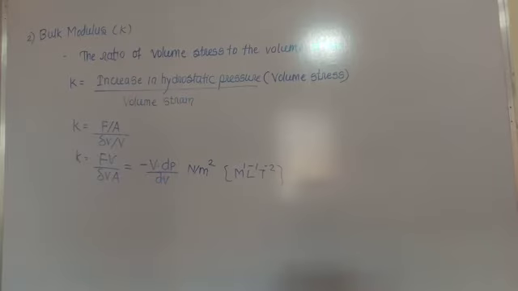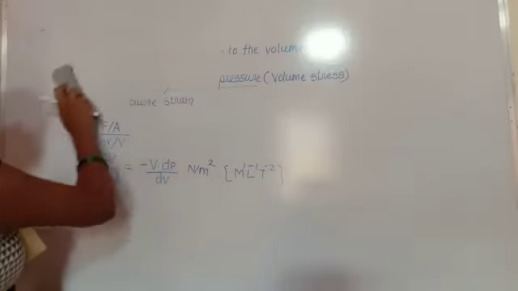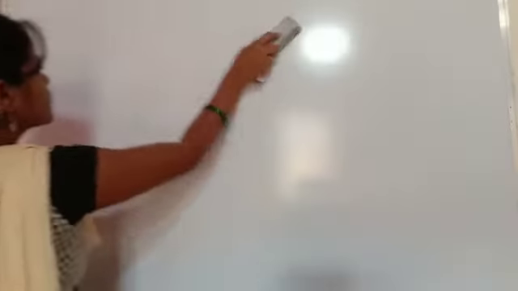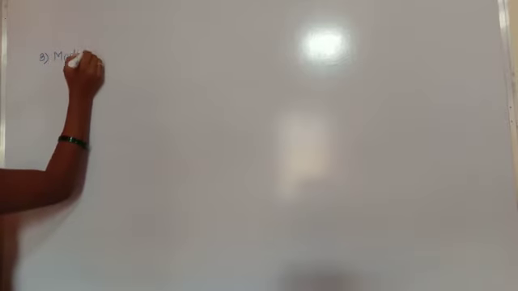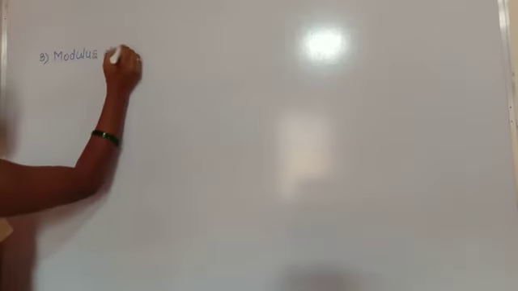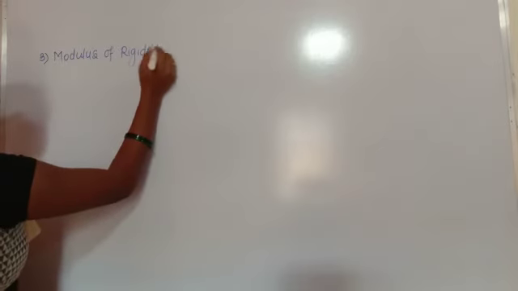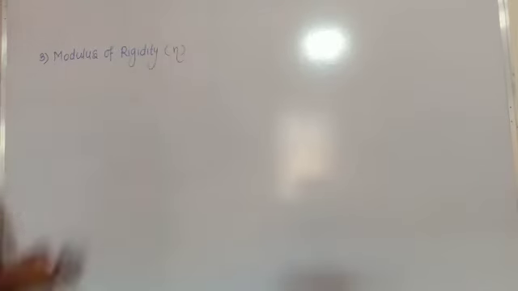The third one is the modulus of rigidity. This is denoted by the letter eta.